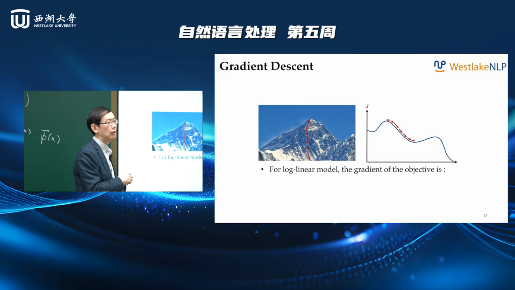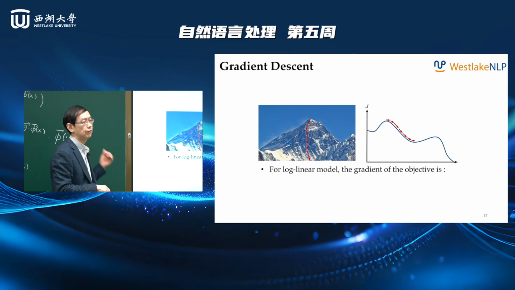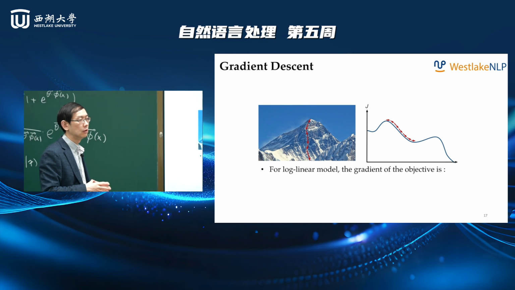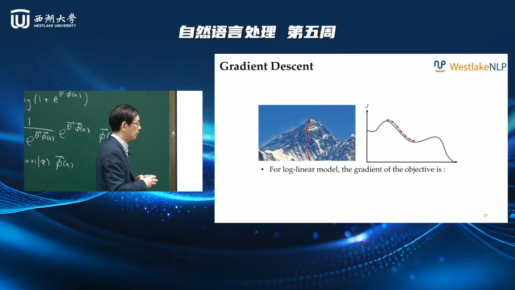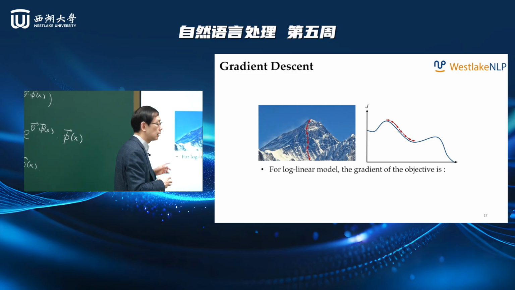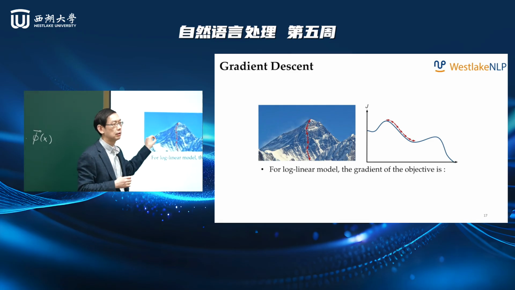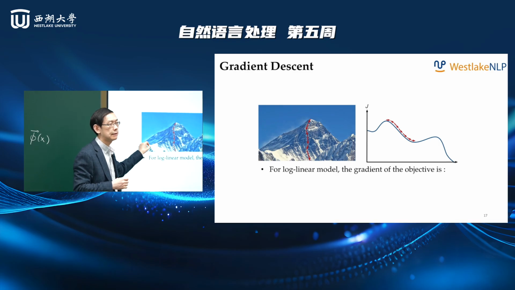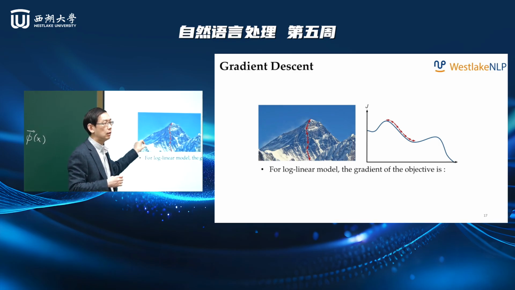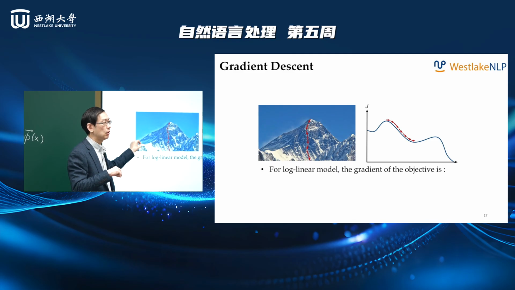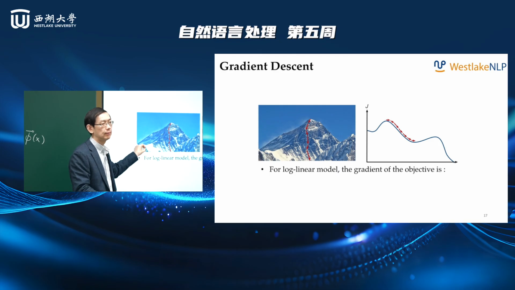That's the theta, and our altitude is the objective function, the negative log likelihood, right? So how do we find a minimum point? We can start off from anywhere on the mountain, any GPS location. And at this location, we can look at which direction is the steepest slope downward.